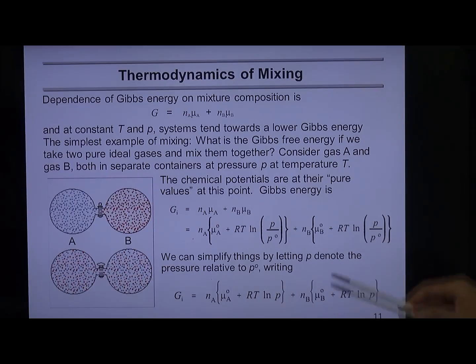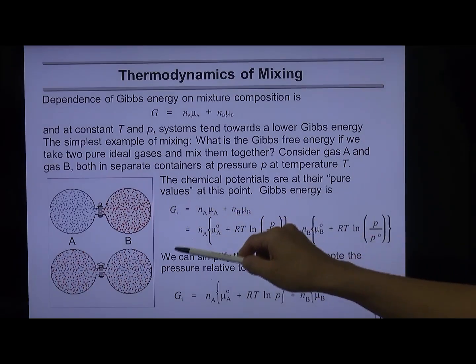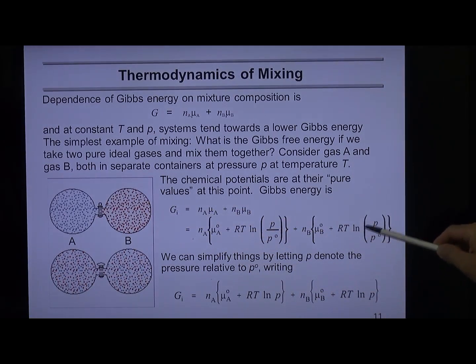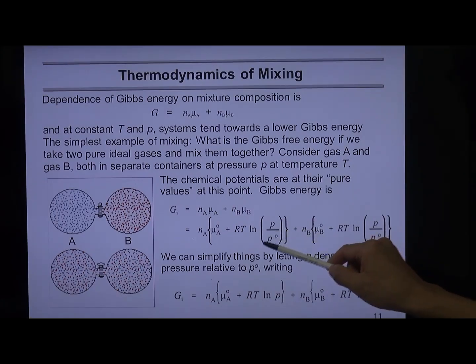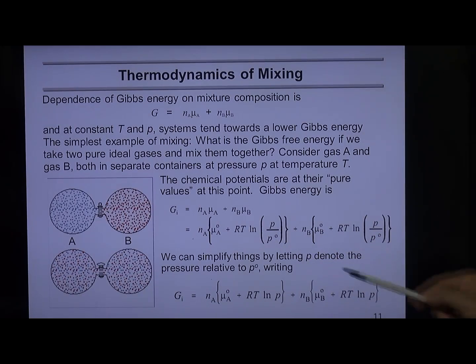And if you express Gibbs energy like this, you always see this expression, P over P naught, P over P naught. That's so bothersome, right? So from now on, we will remove this P naught, the standard pressure, such as 1 bar, from the denominator.